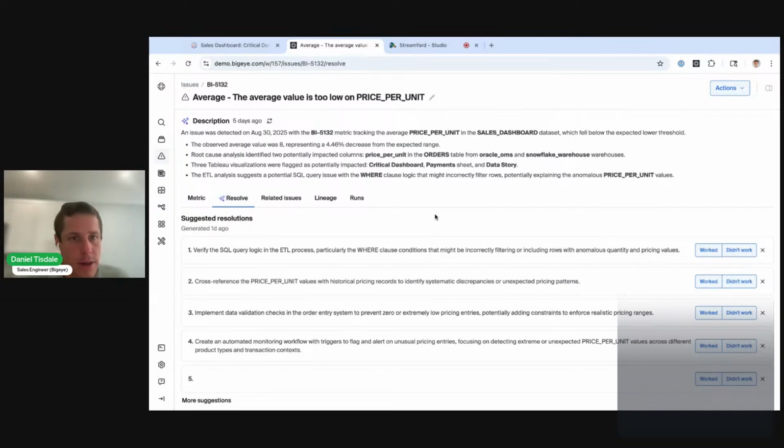The Resolve tab is going to first, at the top, present me with some suggested resolutions. Again, this is leveraging some generative AI. We call this functionality Big AI. Given all the context that's fed into the model here, it's going to surface some relevant and pertinent suggested resolutions, or actions that you can take to actually resolve the specific data quality issue that is occurring.